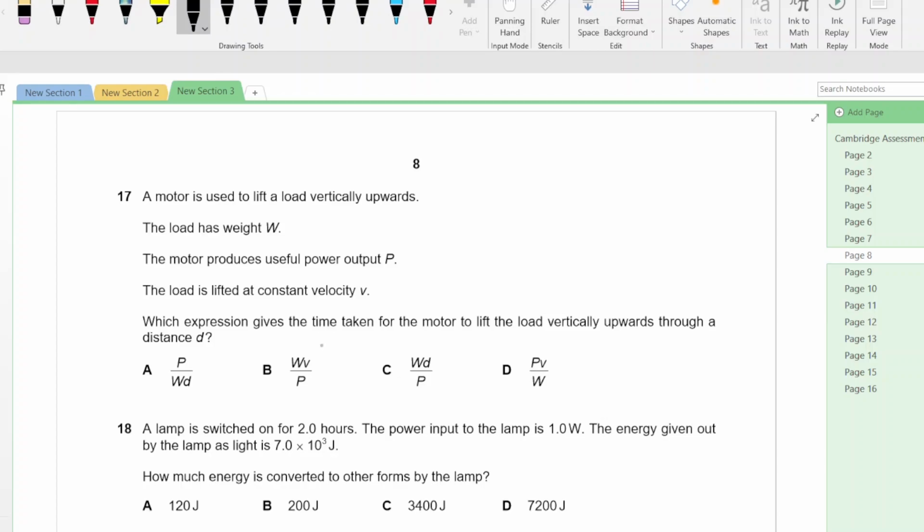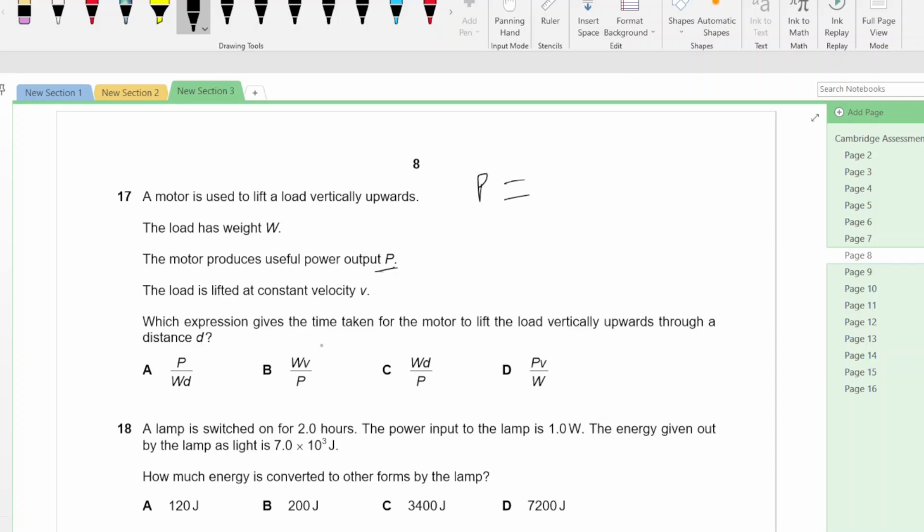We know the motor power is P, and power equals force into velocity.